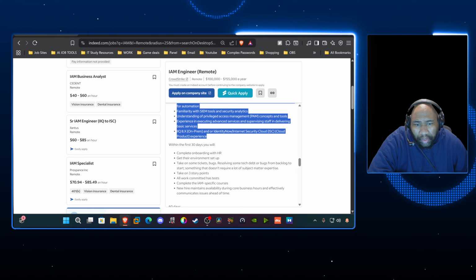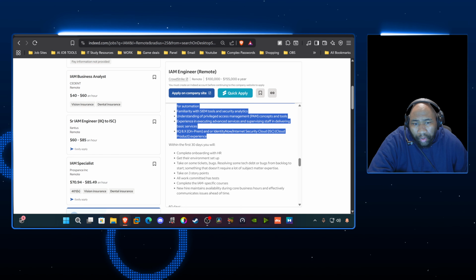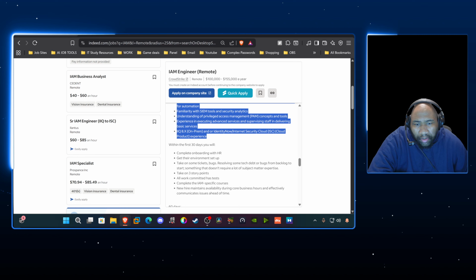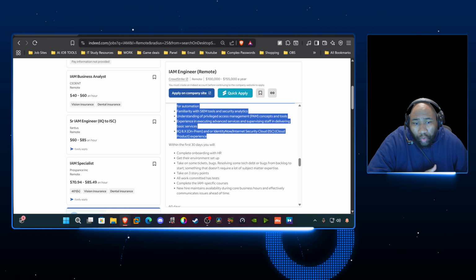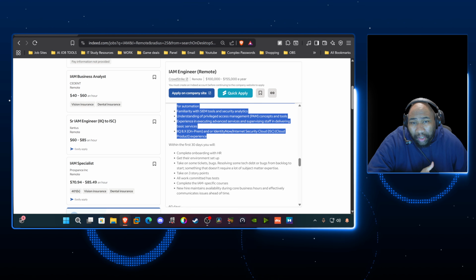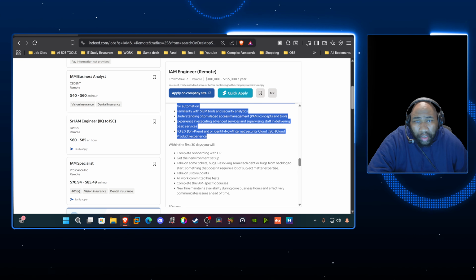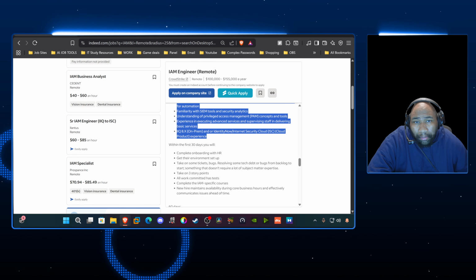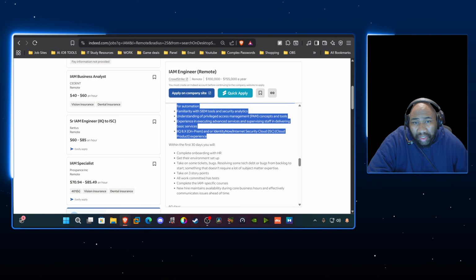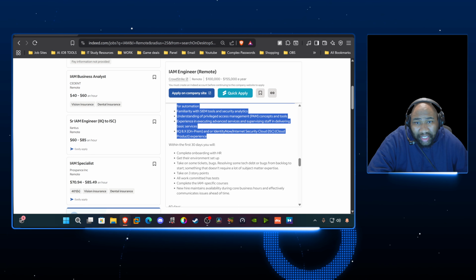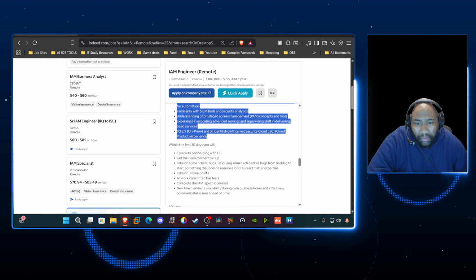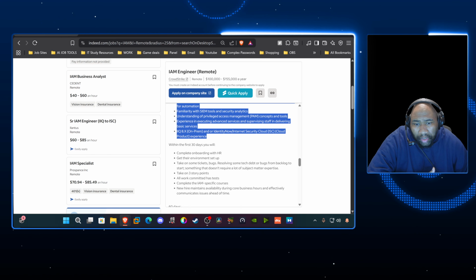Here's the cool part about this. Within the first 30 days, you're going to complete onboarding with HR, get your environment set up, and take on some tickets that don't require a lot of subject matter expertise, meaning they're going to walk you through step by step to make sure you understand their environment. As an identity and access management engineer, you're going to take on 3 story points.